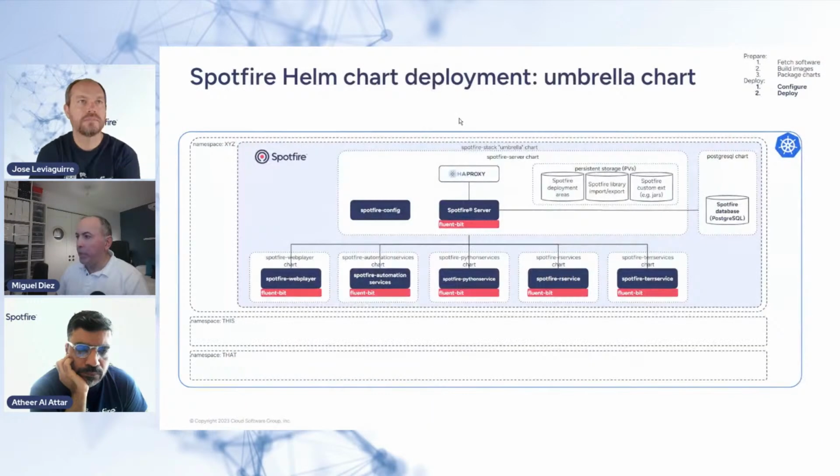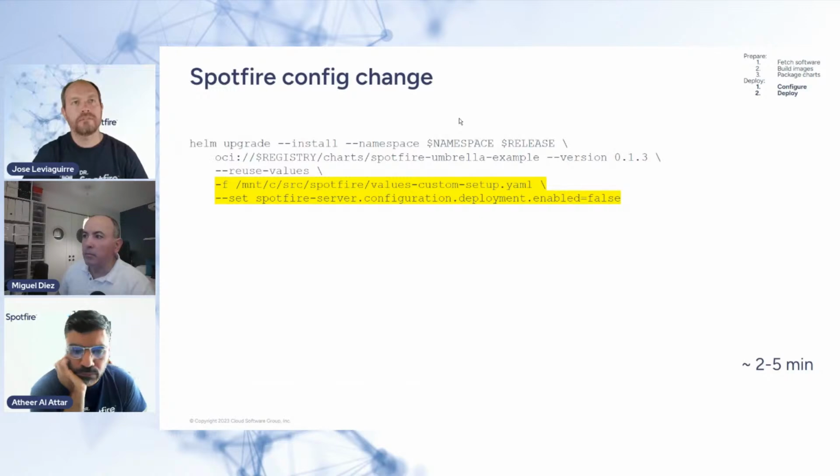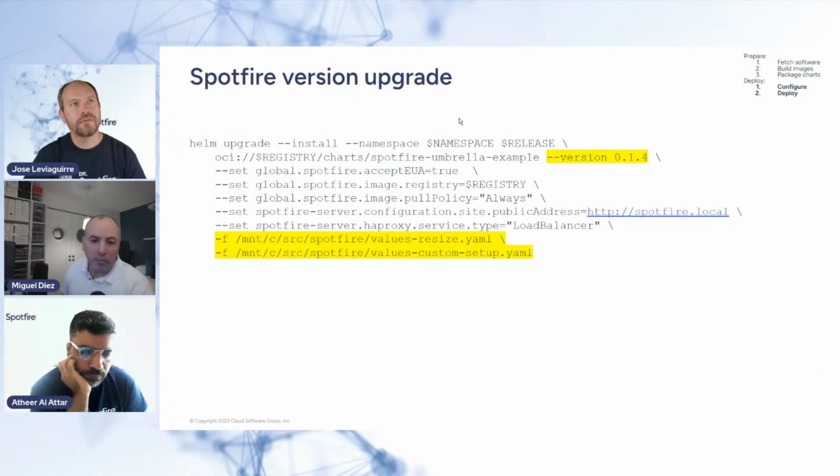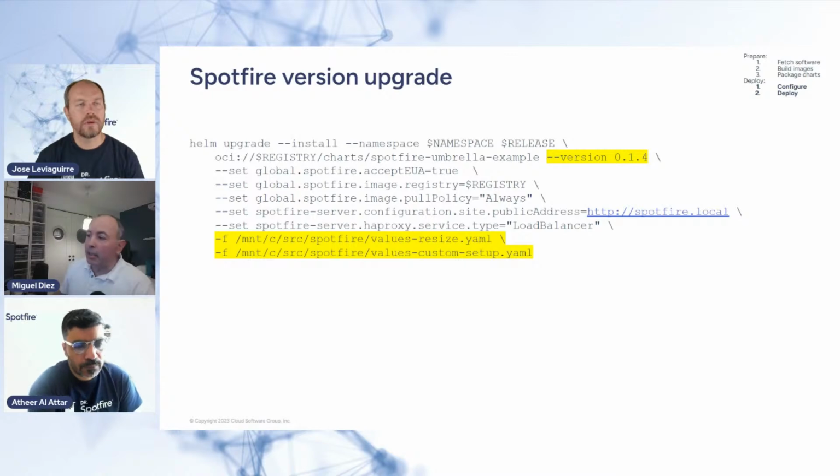Oh, that's very good. I don't think we're gonna have time for the next demo, but the Spotfire version upgrade is the same, just a couple of commands, and you get it done, right? Yeah, exactly. Okay, it's applying the same commands.